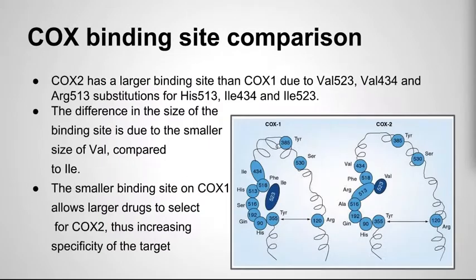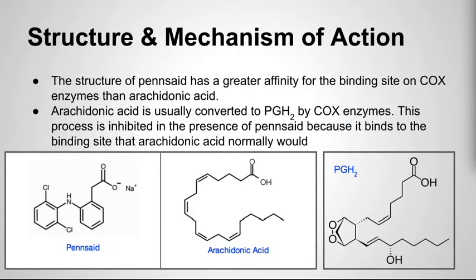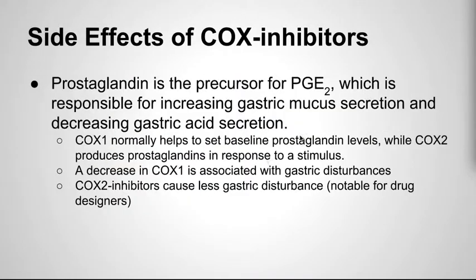So what happens as a result? Well, there are some side effects. Basically, you're at a greater risk for gastric disturbances, having stomach issues, having stomach ulcers, or a larger amount of gastric acid, stomach acid, than your body is used to.